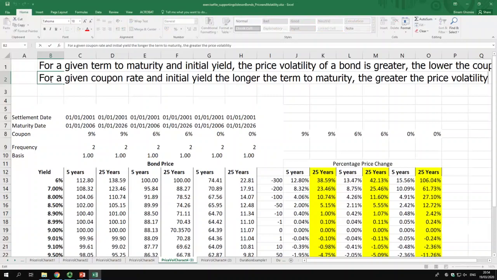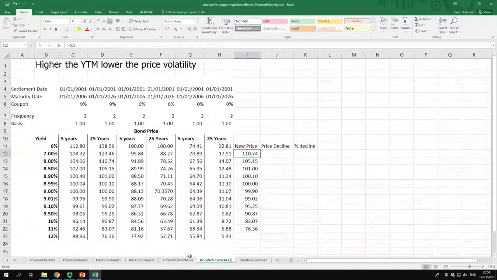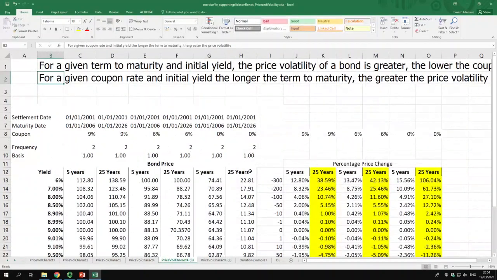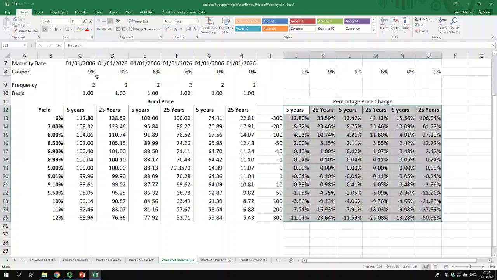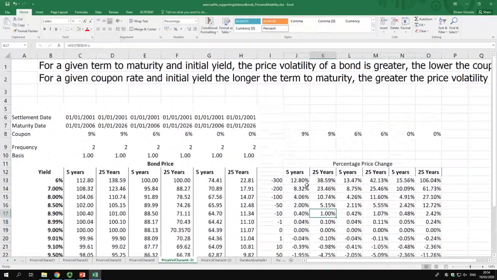Now this is the second characteristic, which is for a given coupon rate and initial yield, the longer the time to maturity, the greater the price volatility. So this is something we want to see now, and in order to observe this, you focus on the maturity. Let me avoid this coloring for now, so no highlight, but now I would like to highlight the maturity.